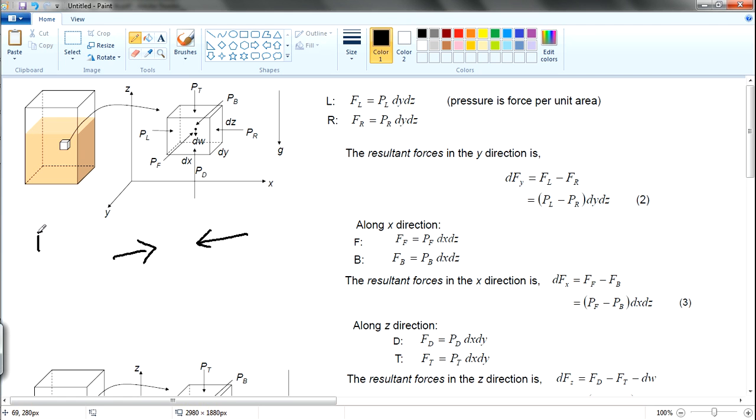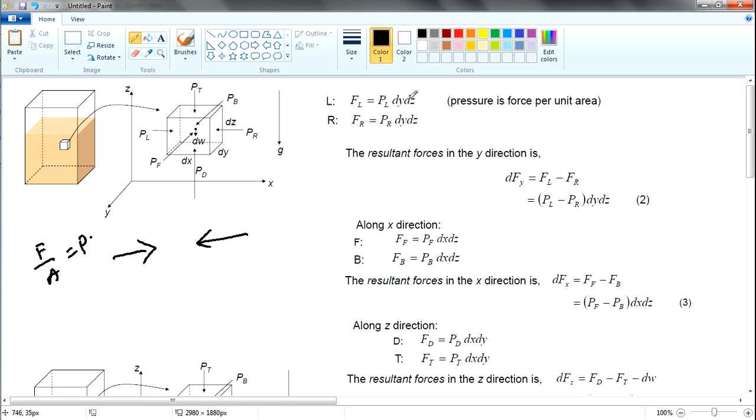If you remember, pressure is force over area. I actually wrote it wrongly. So when you bring the A out, force is equal to pressure times the area.